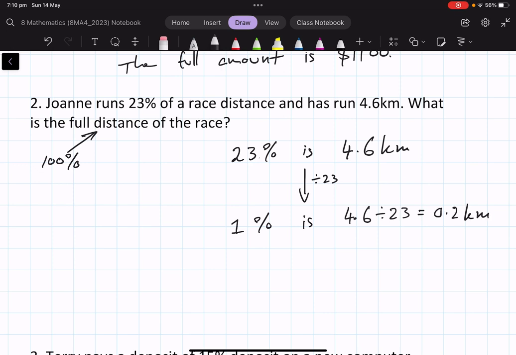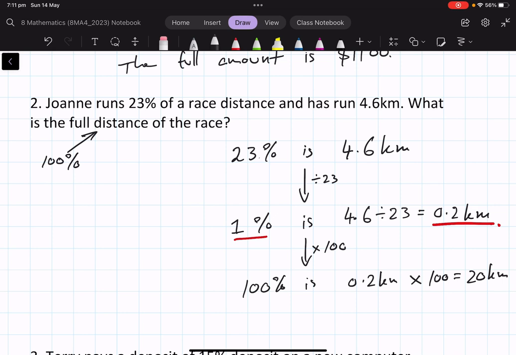0.2 kilometers. That's interesting. So now I know that 1% is 0.2 kilometers. Now, how do I then go to 100%? Well, 100% is 100 times 1%, so we're going to multiply by 100. So 100% is 0.2 kilometers times 100, which gives us 20 kilometers.